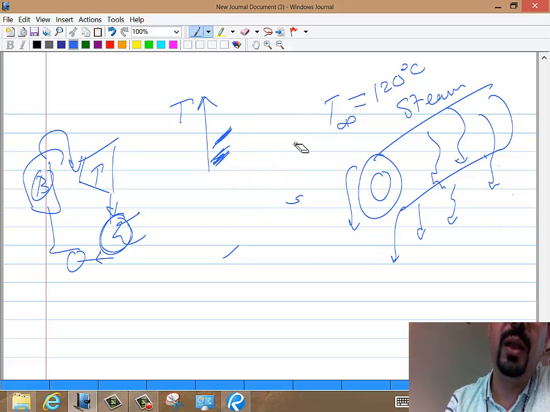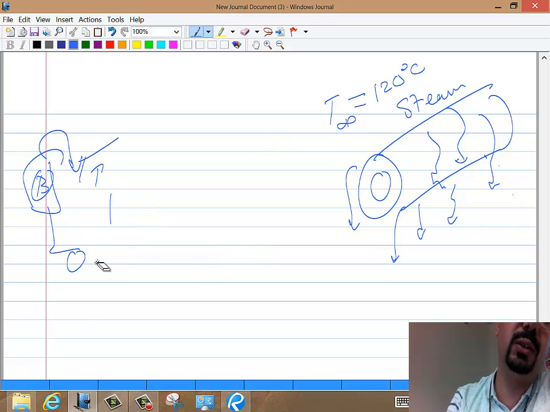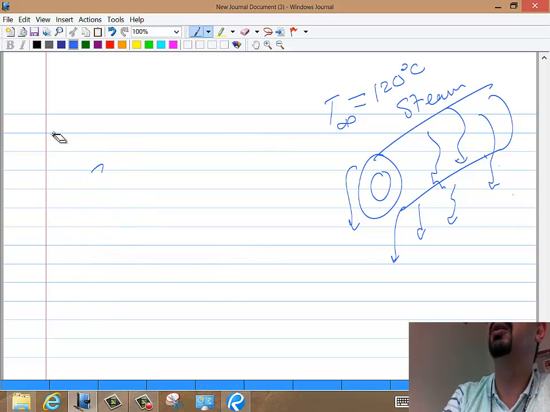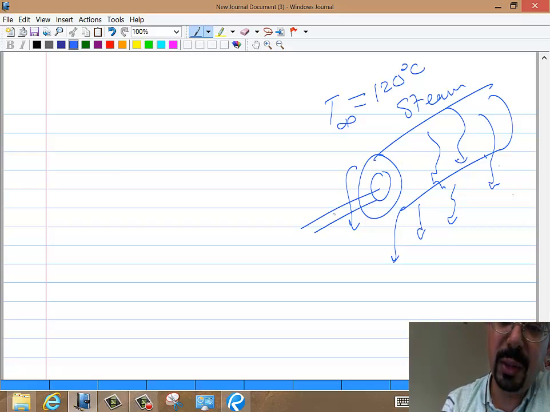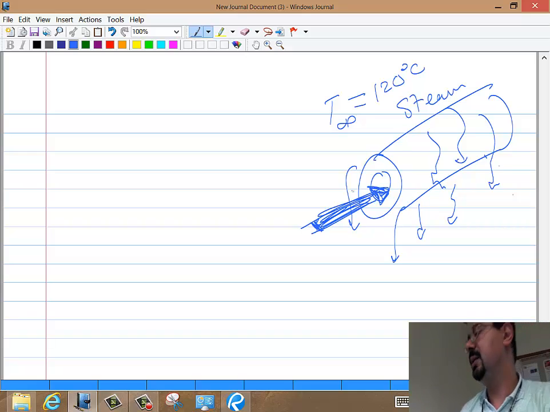So that explains why it's 120, not like 40 or 20, because the air outside couldn't be that cold, right? So we are cooling this by our cooling water. And again, that cooling water is from the cooling tower.